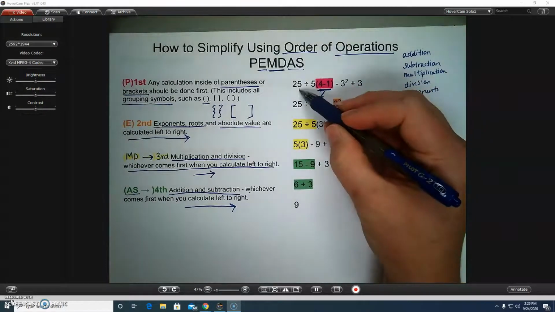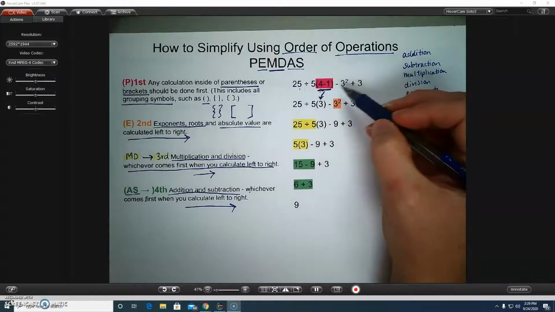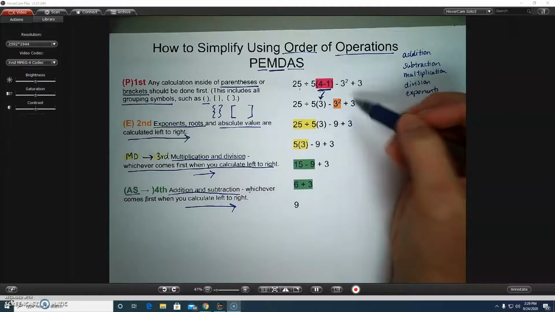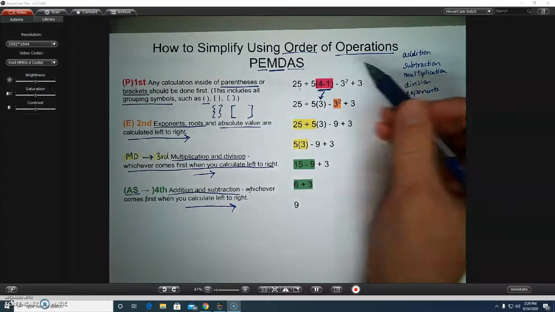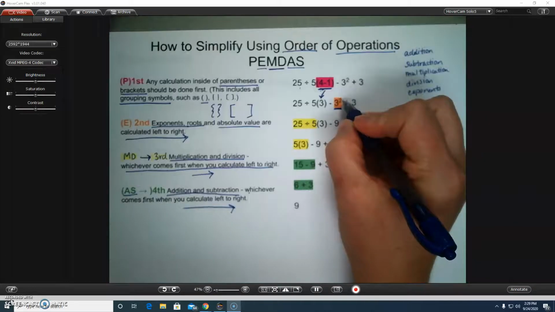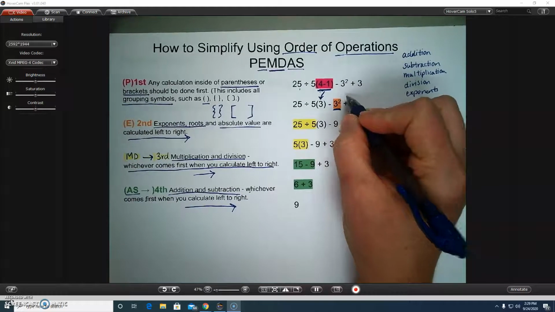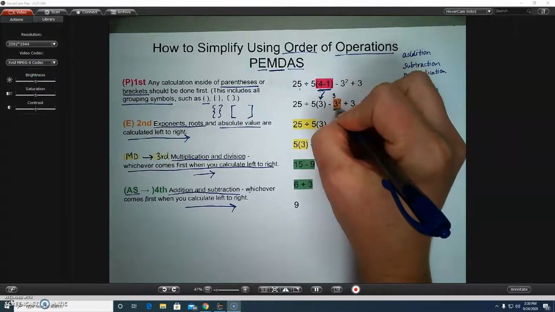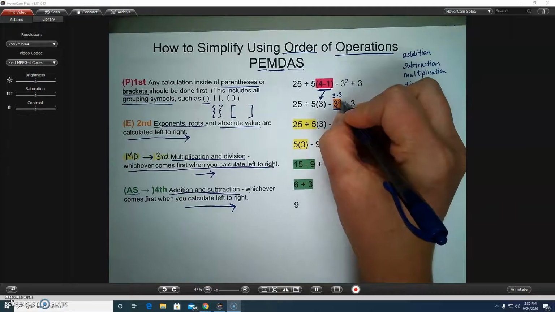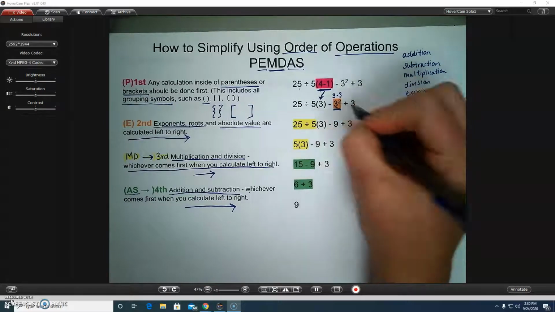That is where our 3 comes from in that problem. Now you'll notice that the rest of the problem comes right down exactly how it was before. None of the signs have changed. None of the other numbers have changed. Our second step then is to take care of these exponents. When I have 3 squared, or 3 to the second power, that means I'm going to take this base number times itself, in this case 2 times, because there's a 2 there.